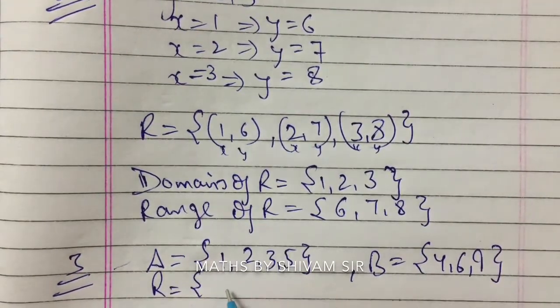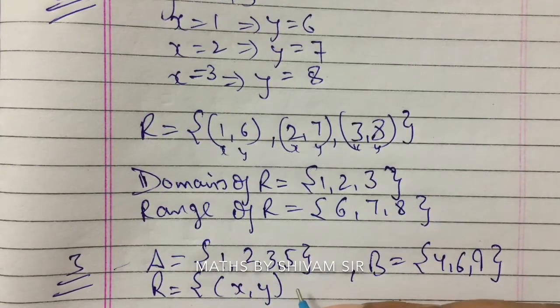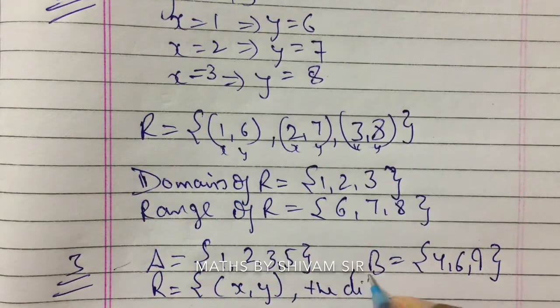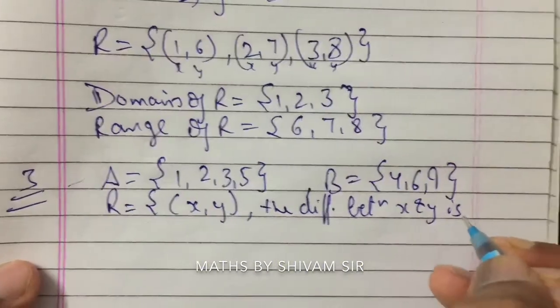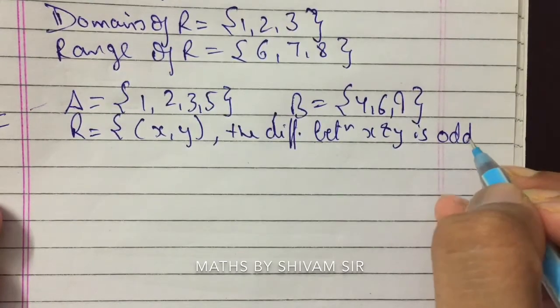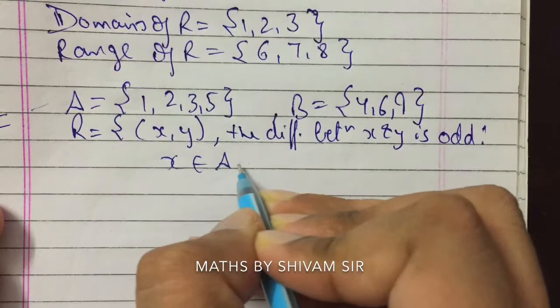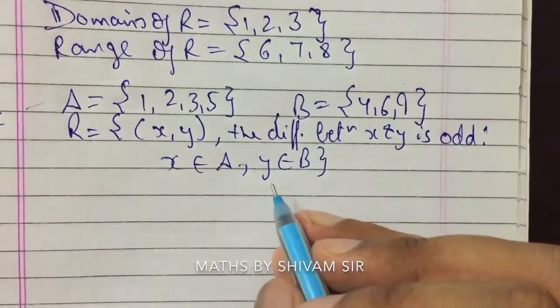R we have (x, y), the difference between x and y is odd, x belongs to A and y belongs to B. So this is a relationship given to us.